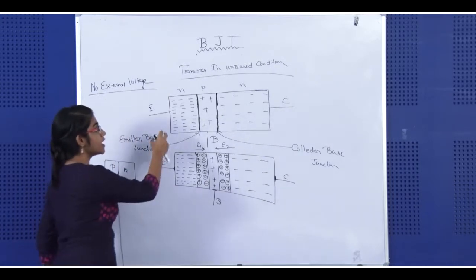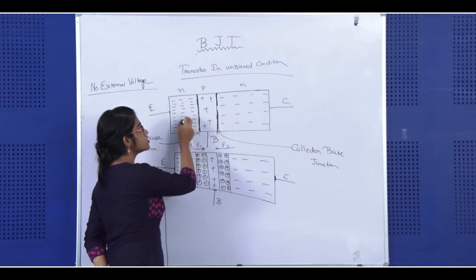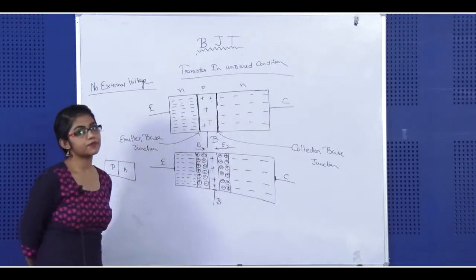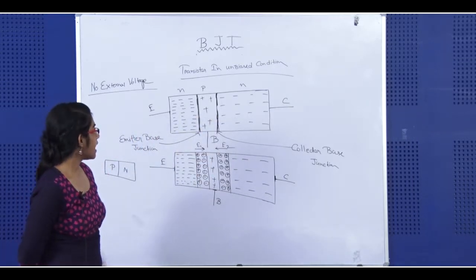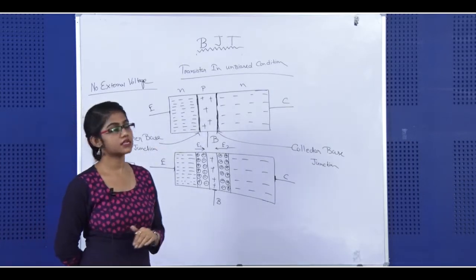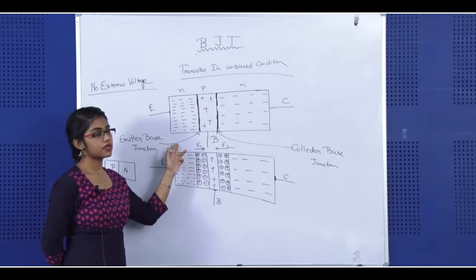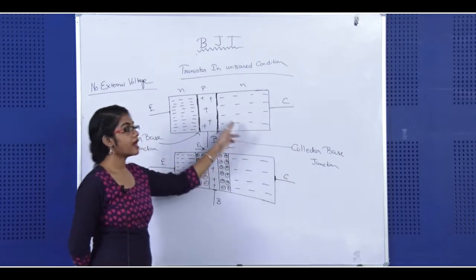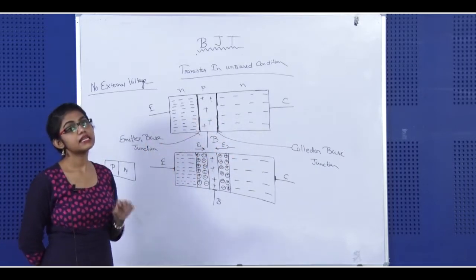In an NPN transistor, P type is sandwiched between two N type semiconductor materials. I told you that, according to the physical aspect of the NPN transistor, the emitter is highly doped, the collector is moderately doped, and the base is least doped.